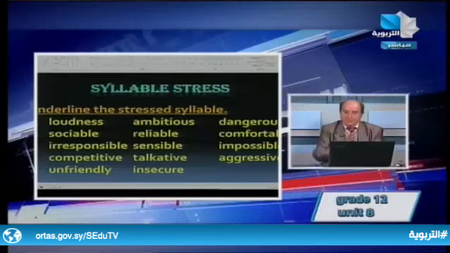So how to stress syllables in words? Actually, there is a rule. Now we put prefixes and suffixes away because they are not stressed. But what about the other syllables of the words?